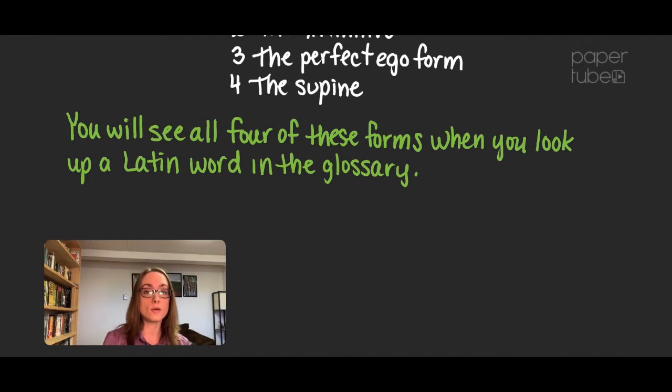And just a reminder, the way that you look up a word is you have to look it up by the present tense ego form or the first principal part.